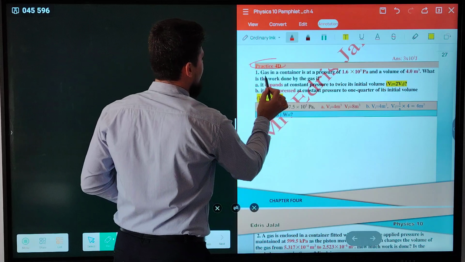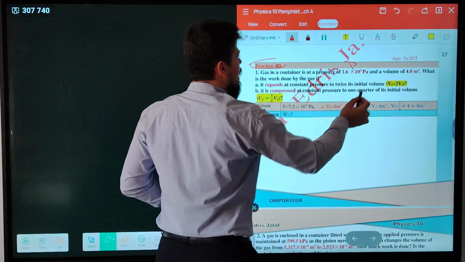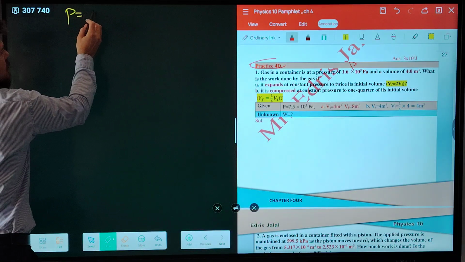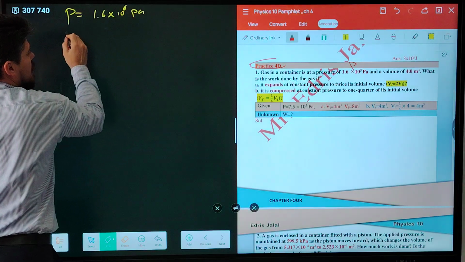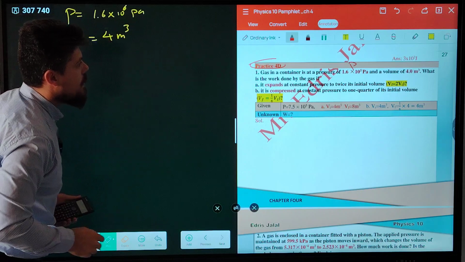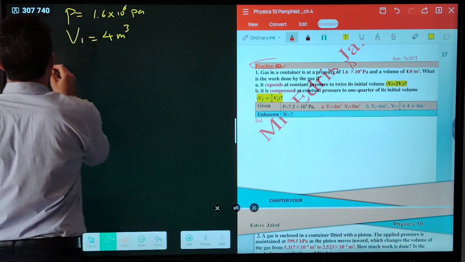This was the sample problem. Now practice 4D, question 1. Look at this question. Gas in a container is at a pressure, this is the pressure, and volume 4 meter cube. Pressure is equal to 1.6 times 10 to the power 6 Pascal, and V1 is equal to 4 meter cube. What is the work done by the gas if it expands at constant pressure to twice its initial volume?